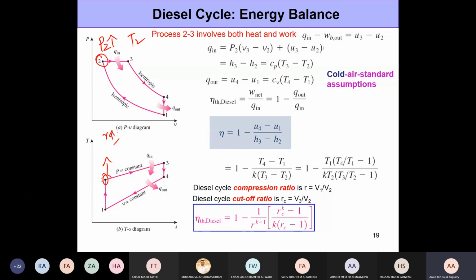And once you increase T2, what you're essentially doing is, since we are adding heat between process 2 to 3, increase of T2 simply means that we are increasing the temperature of heat addition, right? We're simply increasing the temperature of heat addition. And when you increase the temperature of heat addition, the thermal efficiency simply goes up. Okay, so you can again relate it to the Carnot cycle, 1 minus Tc by Th.